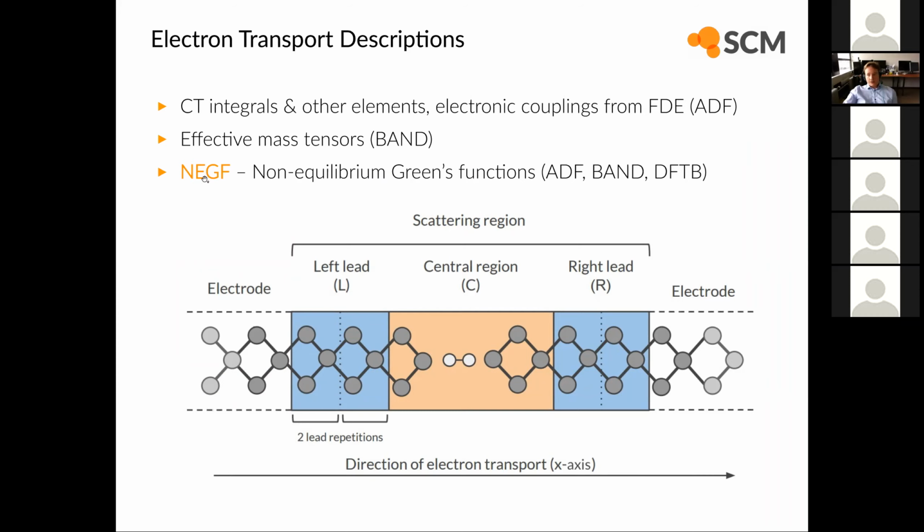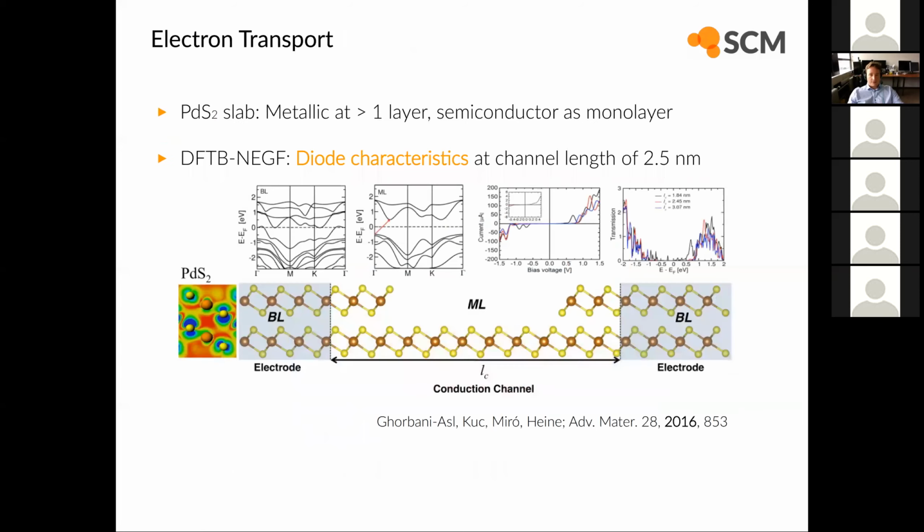It is implemented in ADF, BAND and DFTB. And what one there basically does is one puts a molecular device, usually in between two electrical contacts, here on the left and the right side, applies a potential or voltage, and is then able to derive the electrical current which flows through that molecular device under the influence of this electric field.